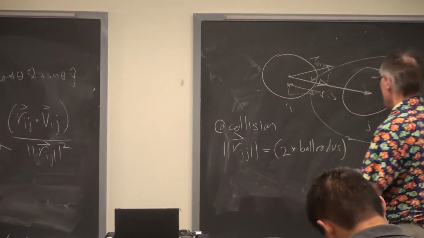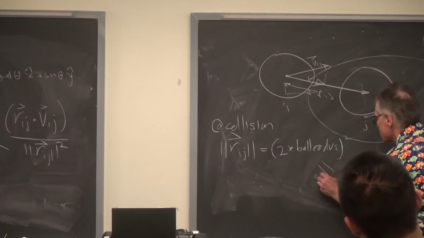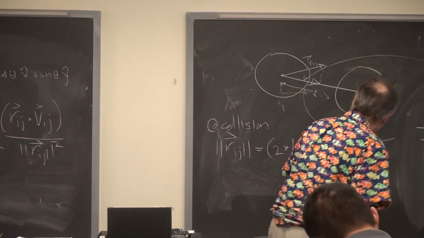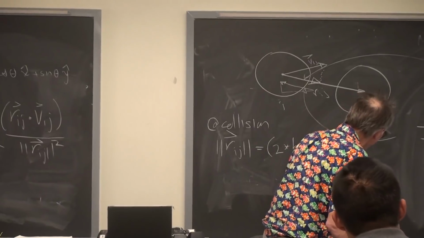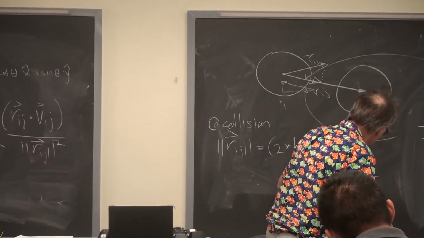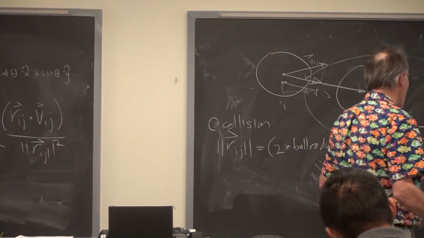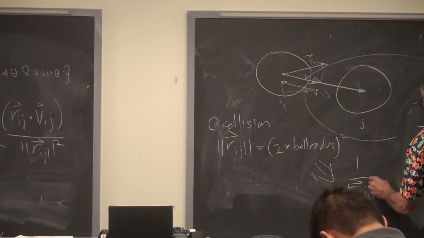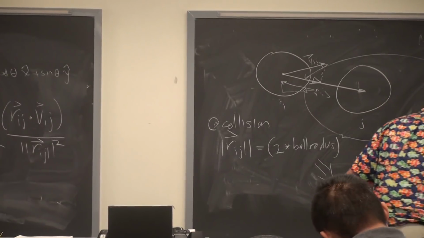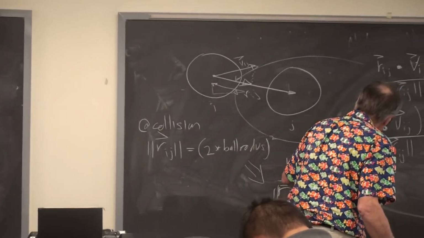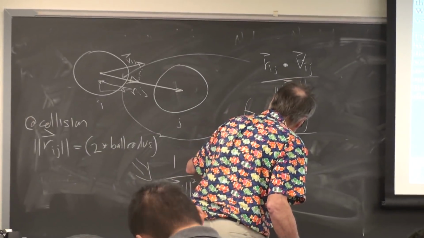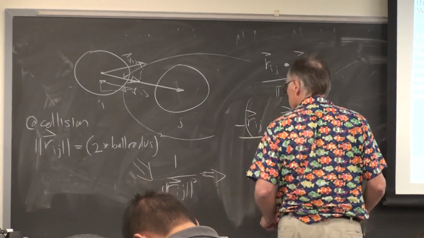So this implies that 1 over the magnitude of Rij squared, if the ball radius is equal to 2, is equivalent to a shift right by 4 bits.